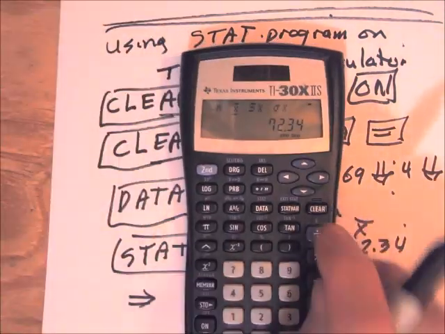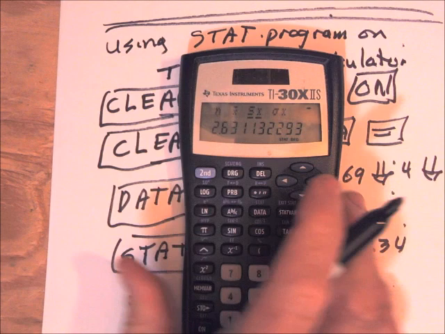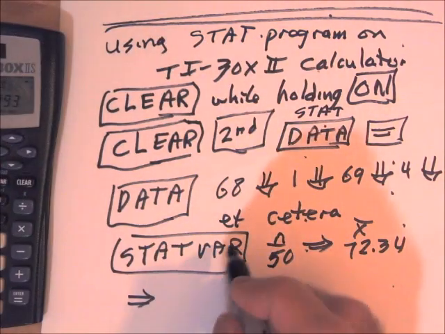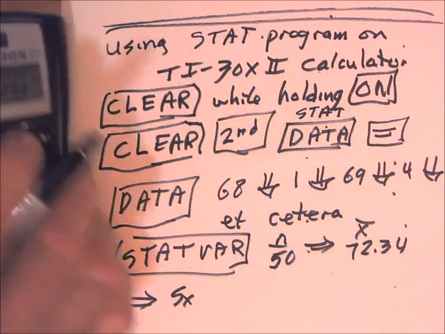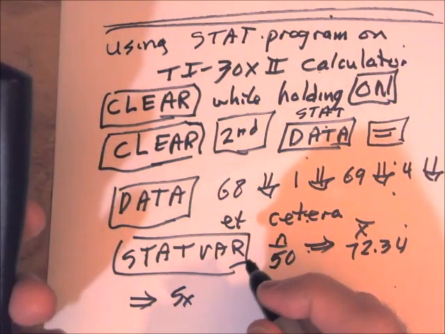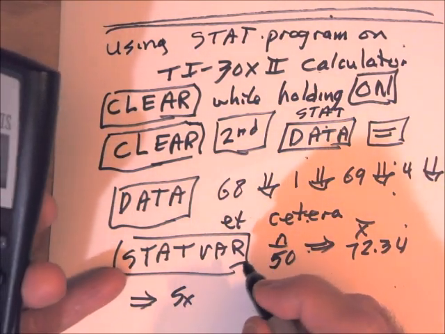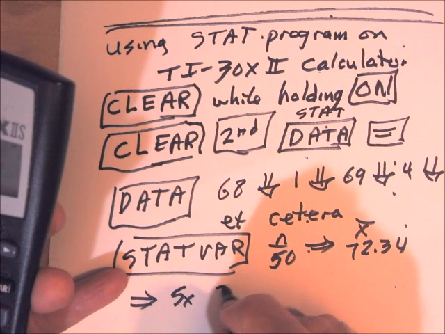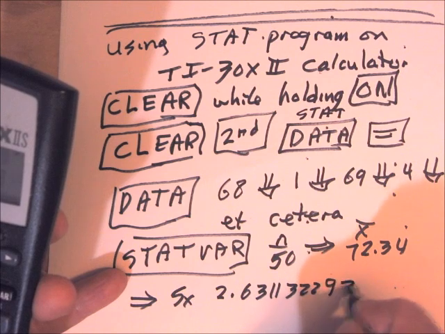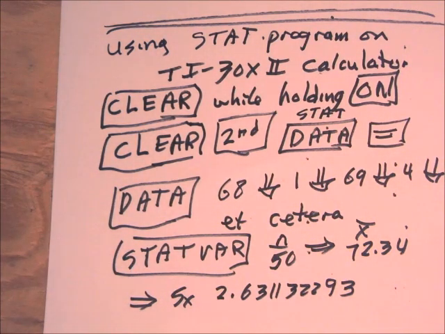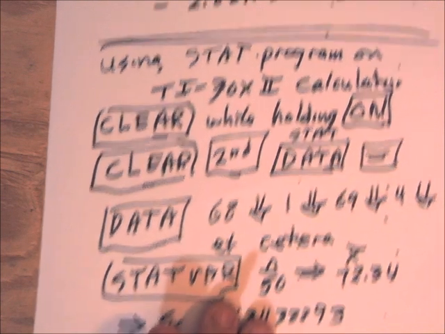Then push the right arrow again. You get the standard deviation Sx, which is 2.63. Yeah, it looks like the same thing we had before. 2.6311329293. So that's what we had before. You can use that as a check.